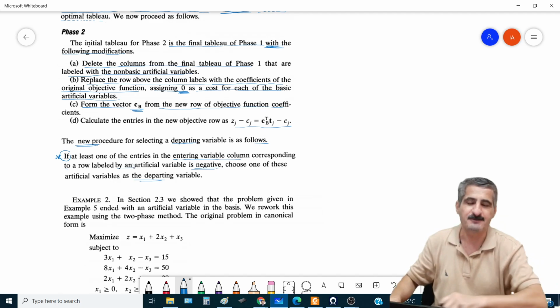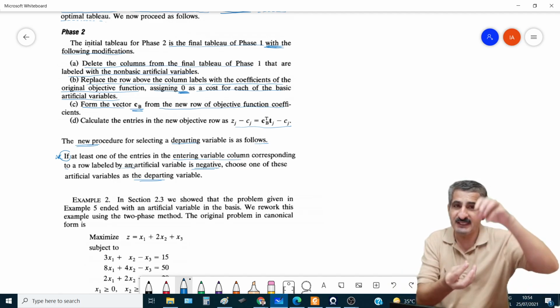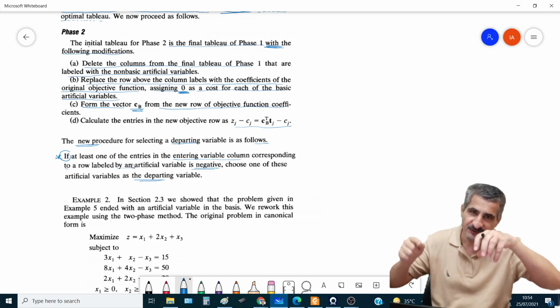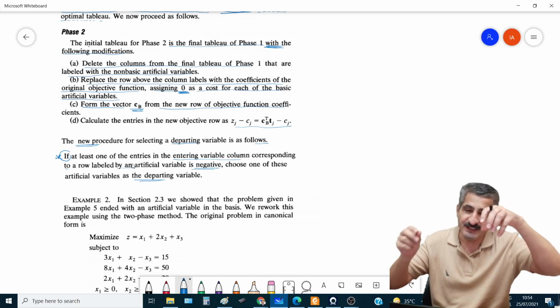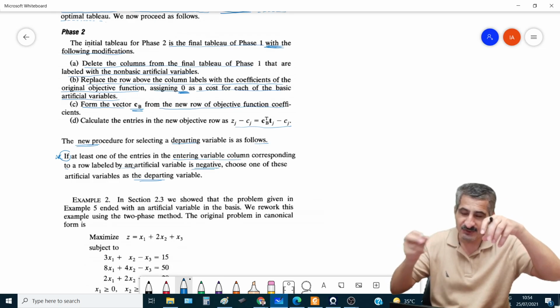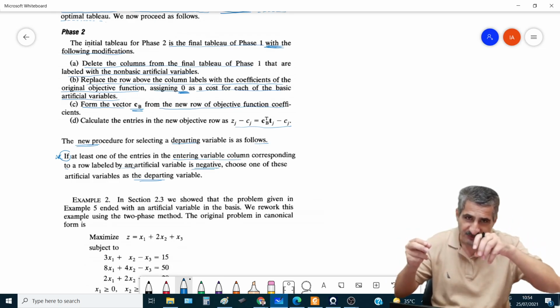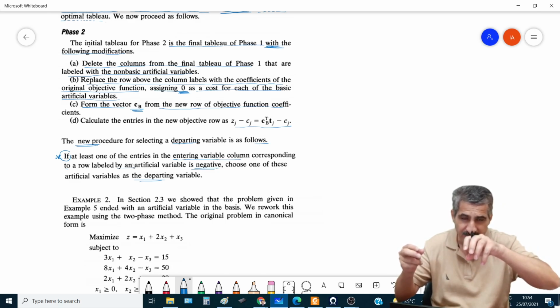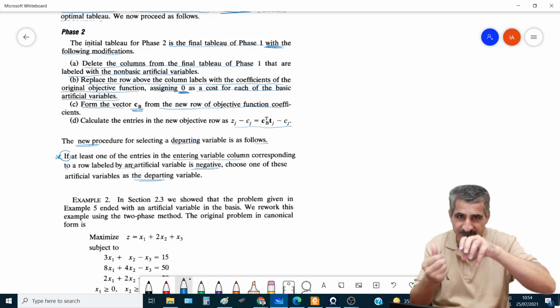Now what it says: we have chosen the entering variable. Now we look at the artificial variable. If we find that the entry in the row of this artificial variable and in the column of the entering variable is negative, then we will choose this artificial variable to be the departing variable.